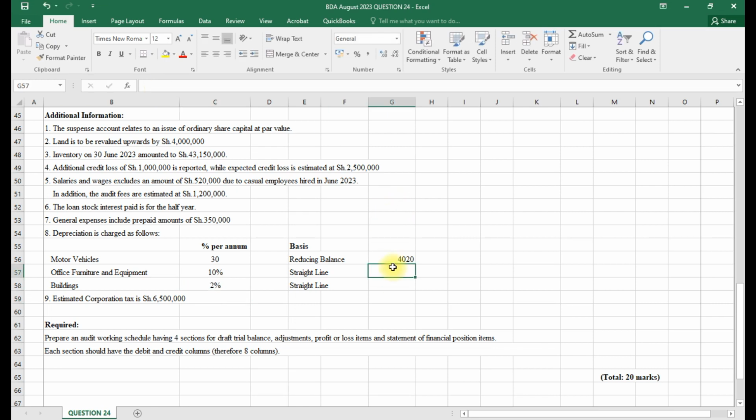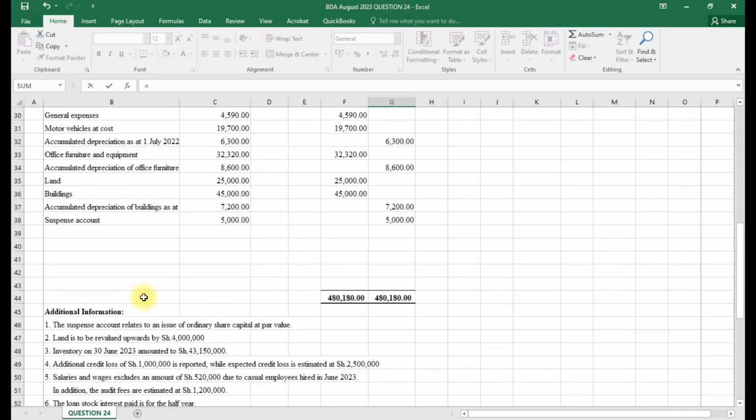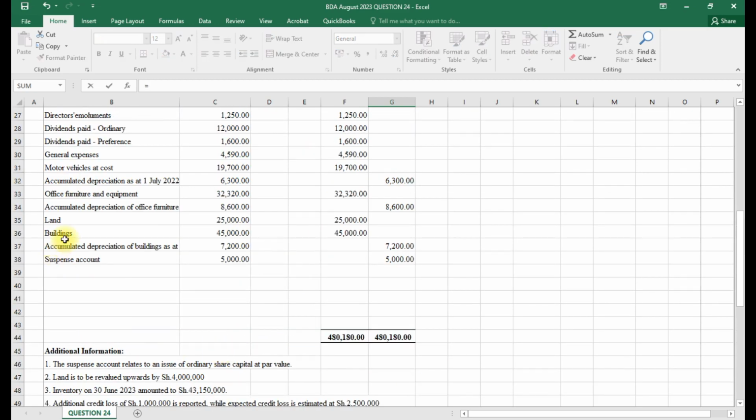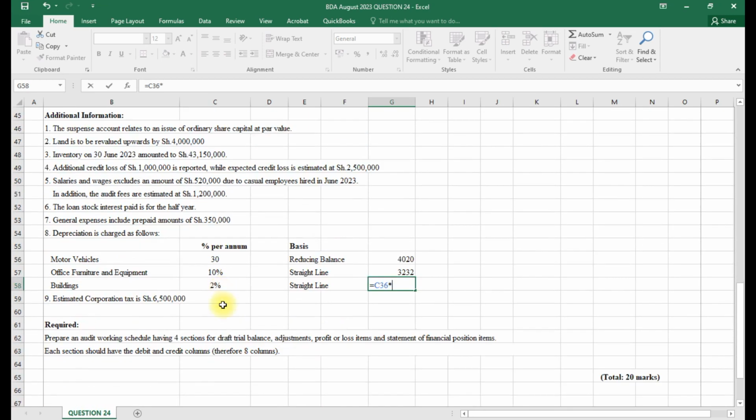So here, office furniture, the cost of office furniture was this, and I multiply by the rate of 10%. I'll get that. For the building, 2%. The cost of building is here, 45, and I multiply by 2%, and I enter. So that will be our depreciation.